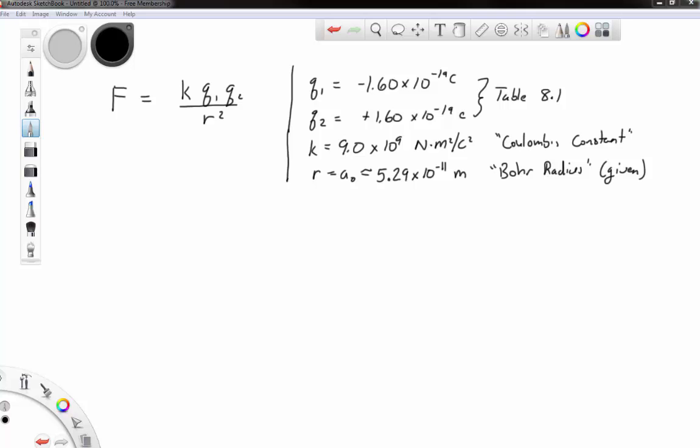Okay, so here is in fact the equation that we need, and here are the parameters that we need to put into that equation.